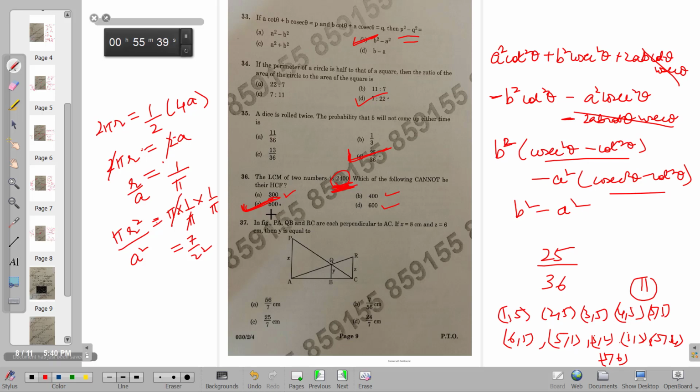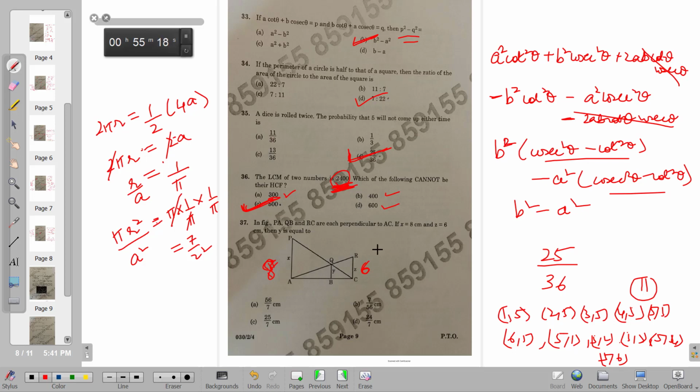37th. Here, there is a formula which, if you had learned, would make it easy. If you have not learned the formula, then it can take time to solve. Anyway, I'll just show you the logic over here. If this is 8 and if this is 6, we want to find out what this y is equal to.